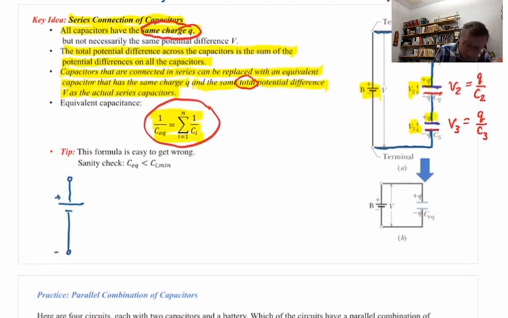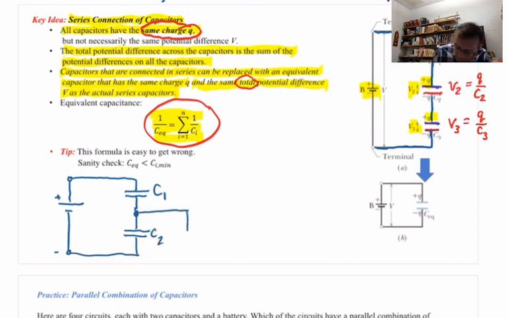And across those terminals, we're going to connect a capacitor with capacitance C1. Then another one with capacitance C2. And then take a wire off here and put a capacitor here.